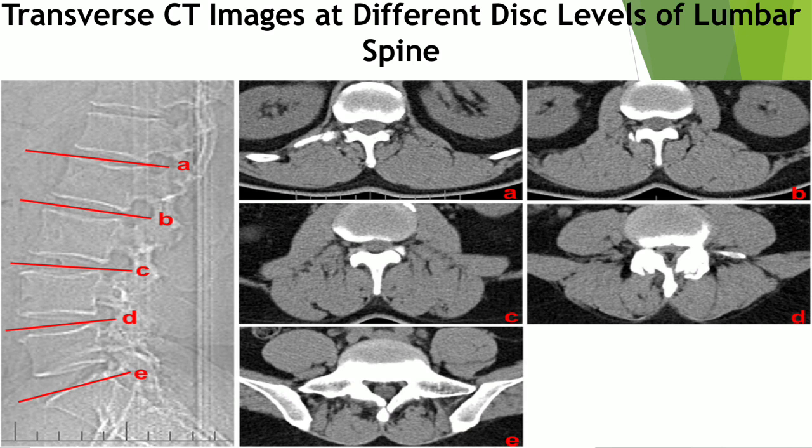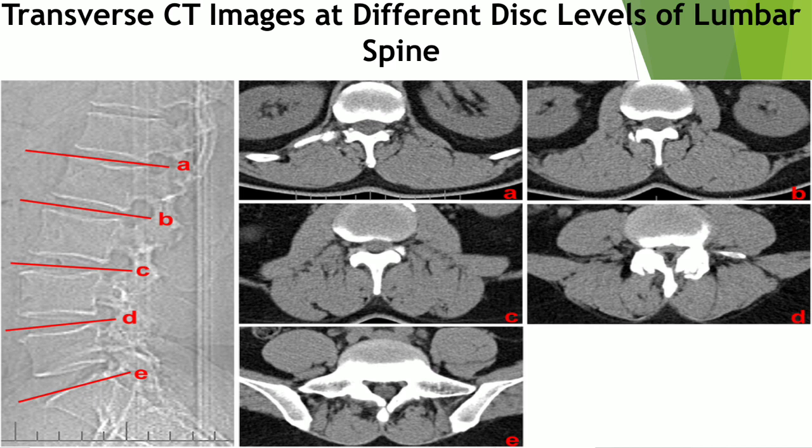You have the transverse images right there, so it helps you to appreciate clearly at what particular level you have a particular lesion, like compression of the spinal cord, which could be due to a fracture or for whatever reason.